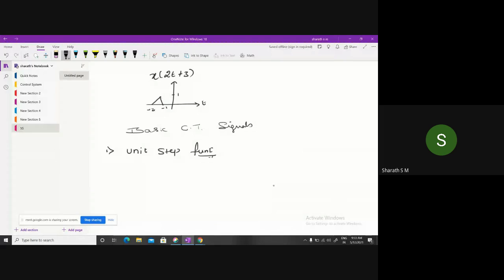So the unit step function is defined as u of t is equal to 1 for t greater than 0 and 0 for t less than 0.